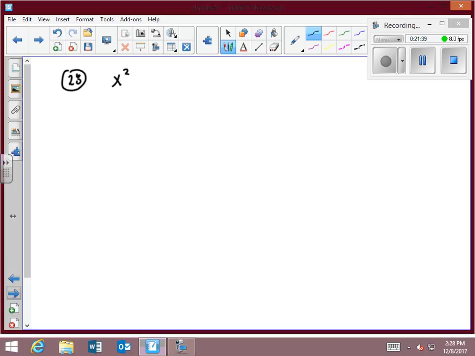X squared equals 2x minus 17. So if you saw this problem, what would you do first? Okay, you'd get 0 by itself, wouldn't you? You would not know that it's a complete square problem.